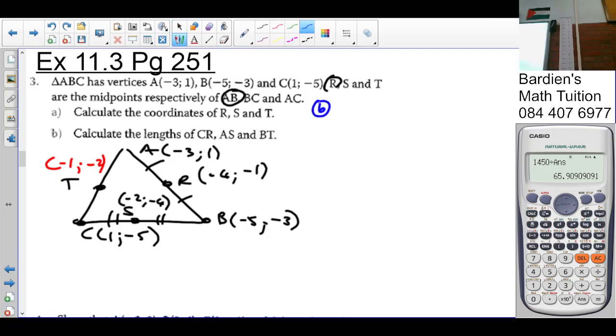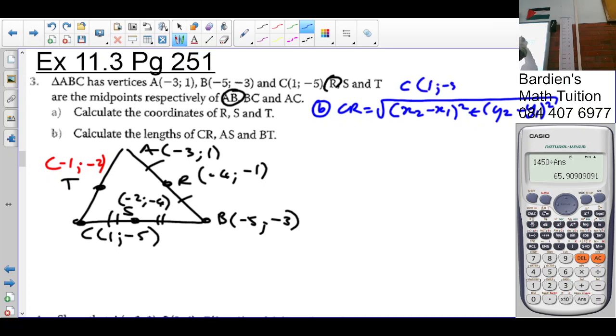So CR is equal to the square root of (x2 minus x1) squared plus (y2 minus y1) squared. C is (1, negative 5) and R is (negative 4, negative 1).